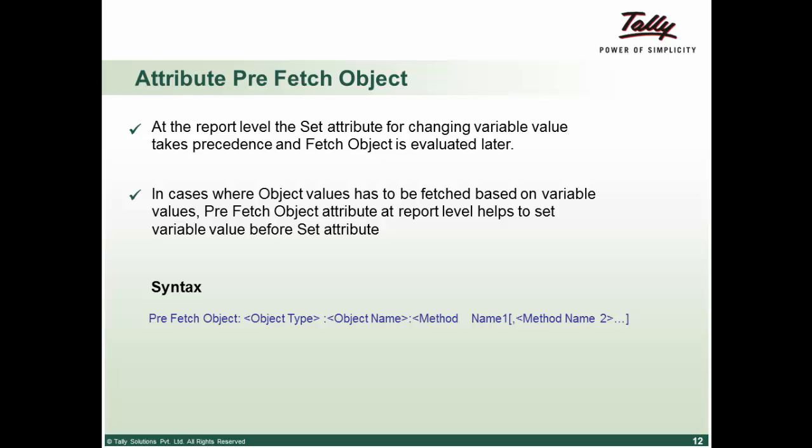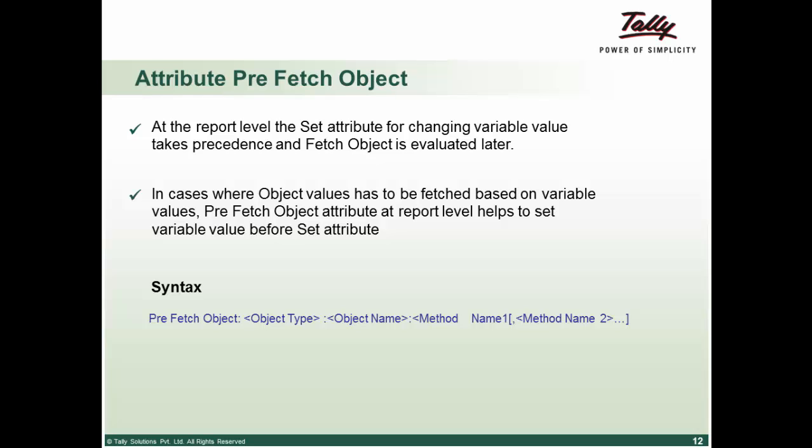In scenarios where I am at my server, no problem at all. I can just set my variable values, and the set attribute can be used to change the variable values that I need, and then I can call the data. For example, all my ledgers have the last date of entry stored, the last date on which we passed an entry for a particular ledger.